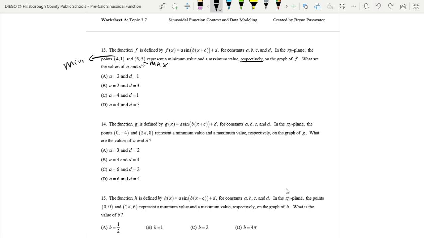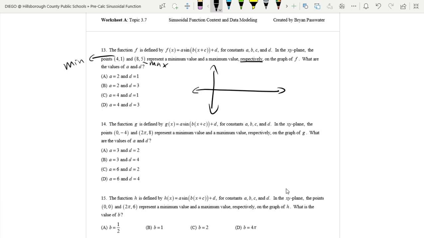So what are the values of A and D? Right here, we're just trying to find the amplitude and the midline. Basically, let me graph this. If you want to, you could do this in your head and just visualize it, but sometimes it's better to make a graph if you don't understand.